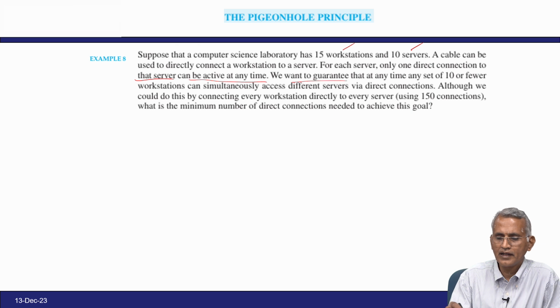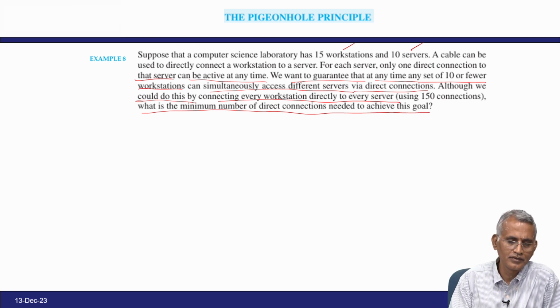We want to guarantee that at any time any set of 10 or fewer workstations can be simultaneously accessing different servers through direct connections. Although we could do this by connecting every workstation directly to every server, using 150 connections, what is the minimum number of direct connections needed to achieve this goal? This is the question.